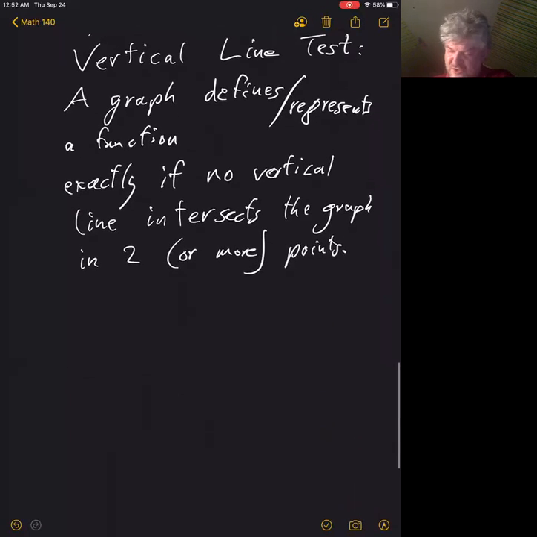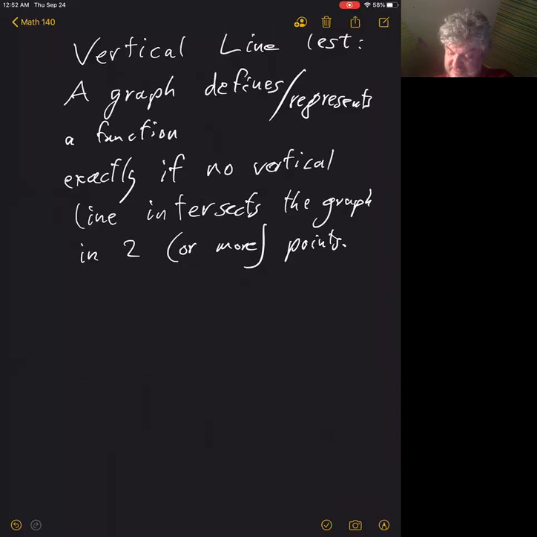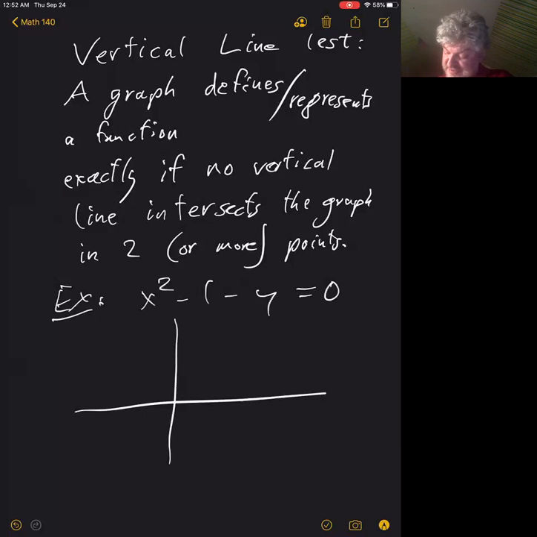And if I go back to my example with x squared minus 1 minus y equal to 0, which of course is just the very first example in disguise, x squared minus 1 is y, that gives me a graph like this. 0 comma negative 1 is on the graph, 1 comma 0, negative 1 comma 0 is on the graph.